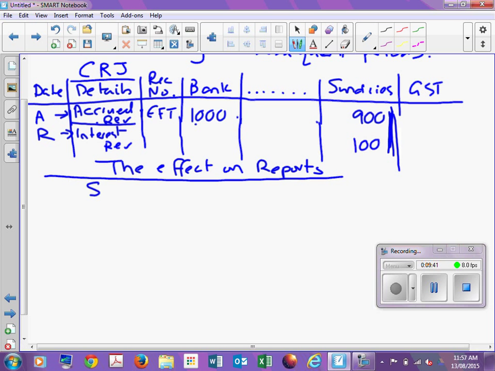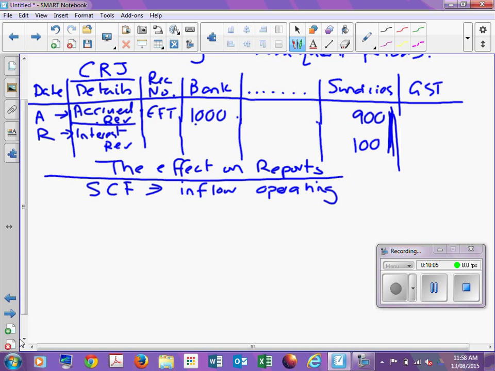First of all, statement of cash flow. Is there an effect? Yes. Yes, there has to be because it's got in our cash receipts journal. Is it an inflow or an outflow? Inflow. Operating, investing or financing? Operating. Done. What do you call it? Like in accrued revenue, interest revenue.